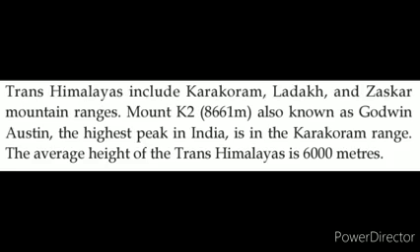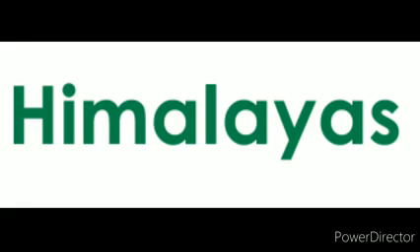Godwin Austen or Mount K2, the highest peak in India, is in Karakoram Ranges, that is the part of Trans Himalaya. The average height of the Trans Himalaya is 6,000 meters. The second region of northern mountain range is the Himalayas.